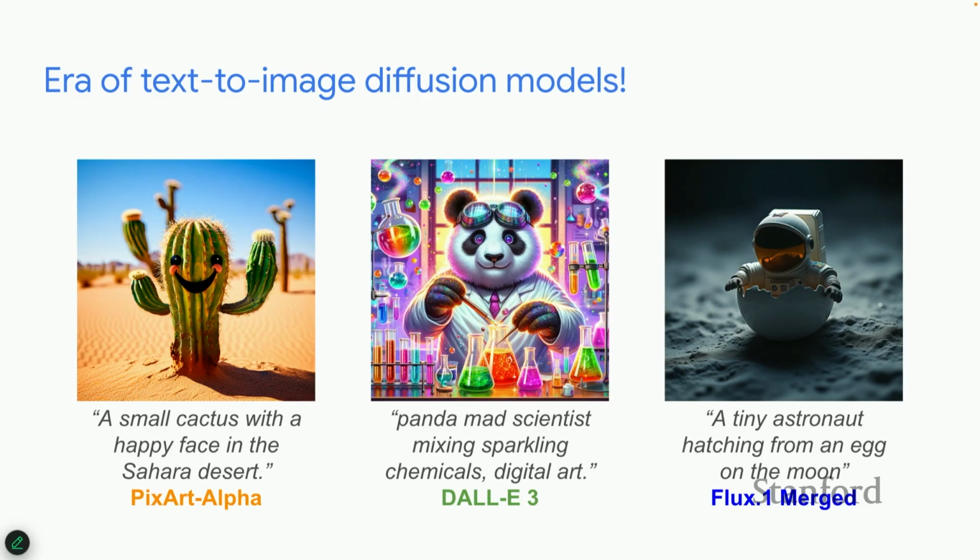Nonetheless, I just wanted to start off by giving you a couple of examples from the text-to-image arena. My favorite is the last one, tiny astronaut hatching from an egg on the moon. I think human imagination really took off there. You can see, apart from DALL-E 3, all these are open models, and the photorealism of these models is quite impressive.